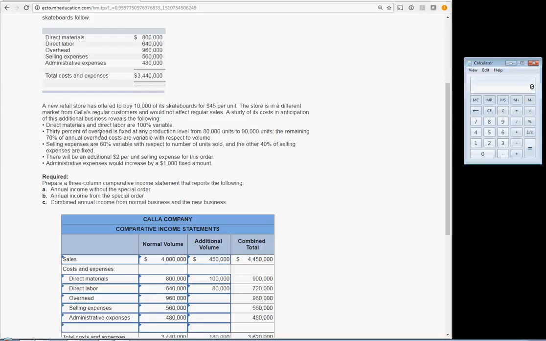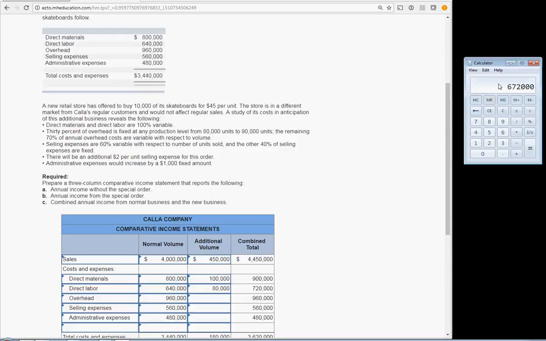It says 30% of overhead is fixed at any production level from 80,000 to 90,000. The remaining 70% of annual overhead costs are variable with respect to volume. Well, that's a trick, right? So I've got to take 70% of this number first. 960,000 times 0.7 is 672,000.